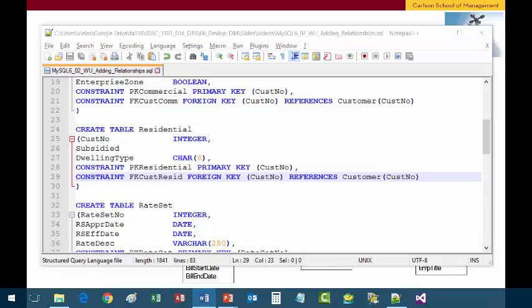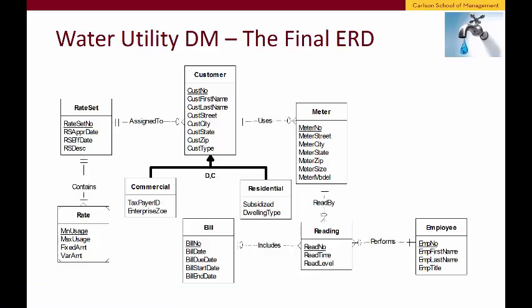Next, what do we got next? We got a rate set table. Let's switch briefly to the left side of the ERD. Rate set table and contains relationship with rate. That's the identifying relationship, with rate being a weak entity.